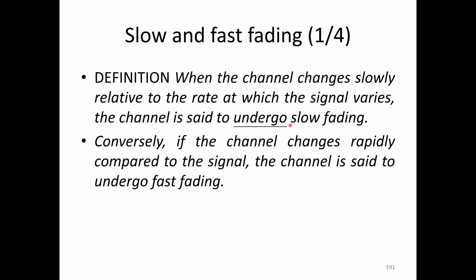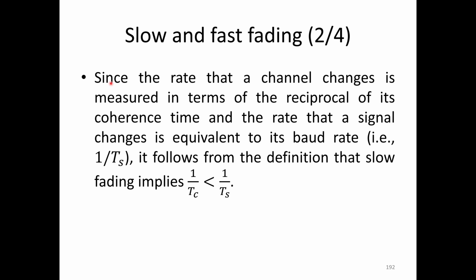To undergo slow fading. Conversely, if the channel changes rapidly compared to the signal, the channel is said to undergo fast fading. Since the rate that a channel changes is measured in terms of the reciprocal of its coherence time, and the rate that a signal changes is equivalent to its baud rate, that is 1 over Ts.